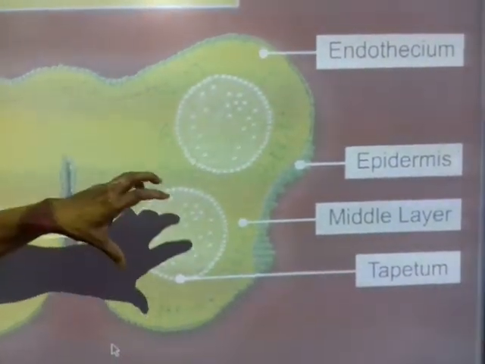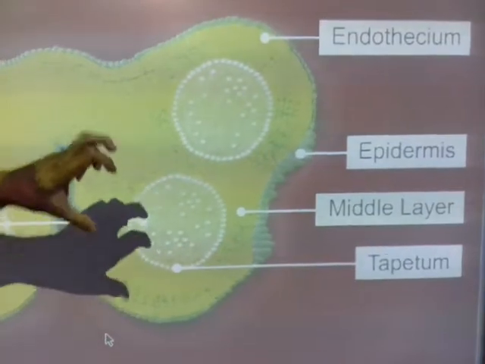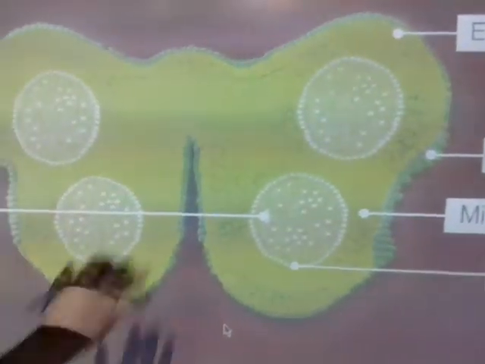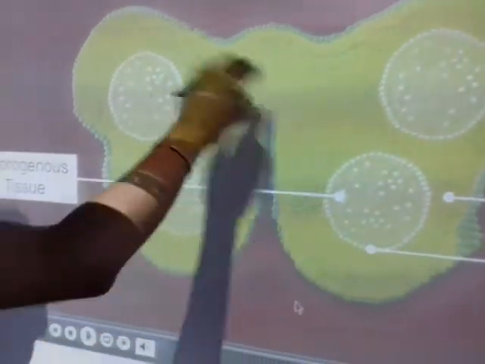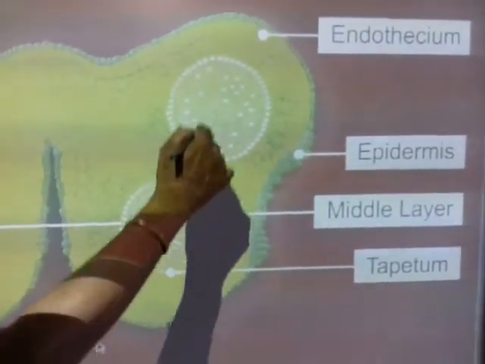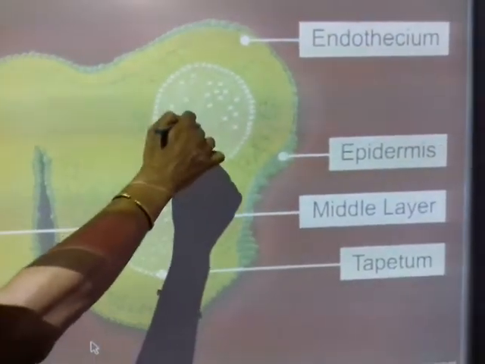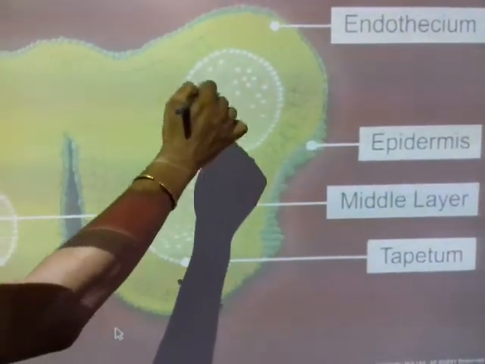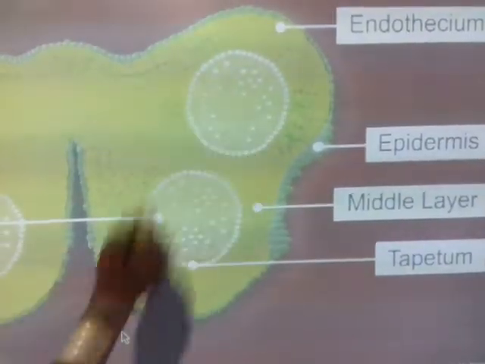Later on they undergo meiosis and develop into four haploid cells. That will come later on. Inside these four microsporangia, the development of the pollen grains, or what we call the male gametes, takes place.